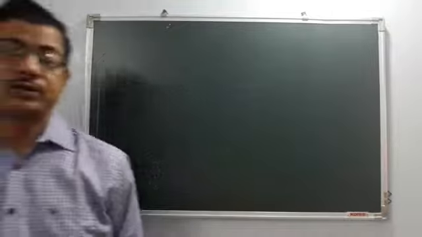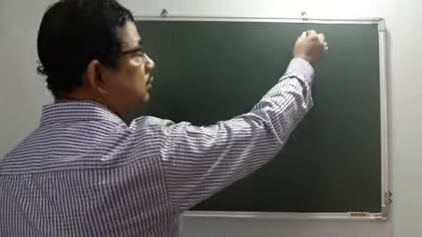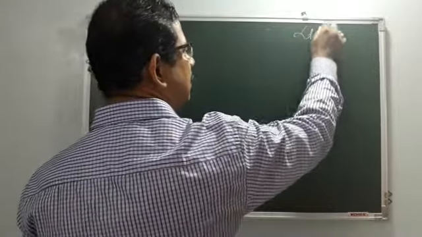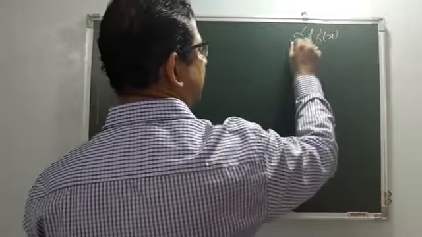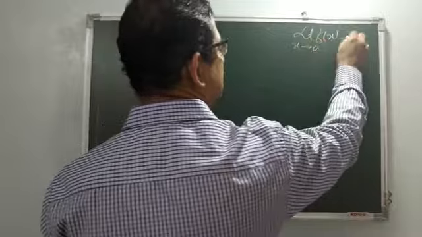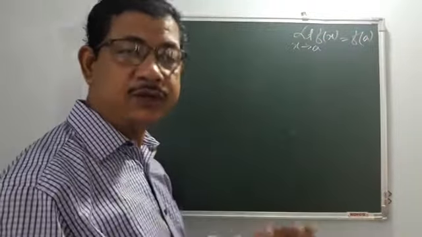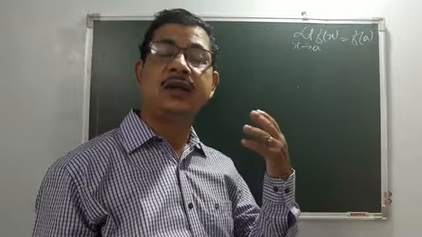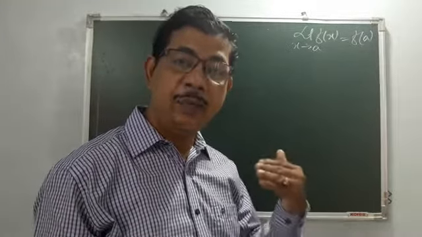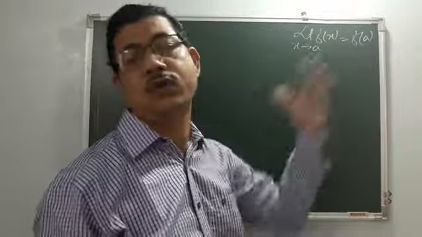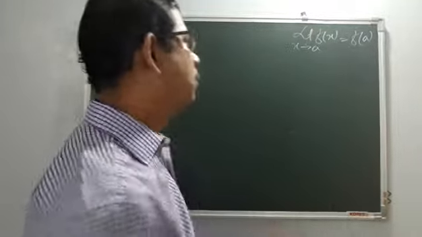In that class, we have said that a function y is equal to f(x) is continuous at x equal to a if the limit of f(x) as x tends to a is equal to f(a).